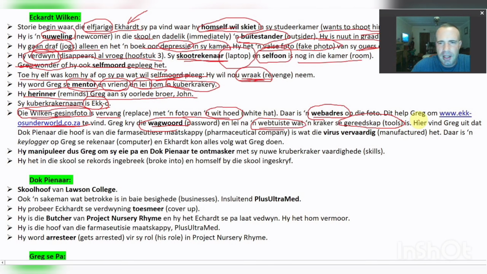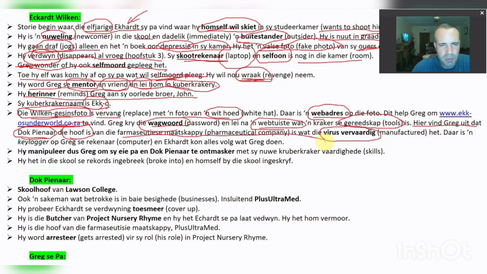He finds out by hacking into Dokpinar, the principal of the school, hacking into the principal's computer, that he is also the head of a big pharmaceutical company wat die virus vervaardig. Okay, so there's a big company that made a virus. Okay, we'll talk more about the virus now and what the whole criminal activity with the virus was.